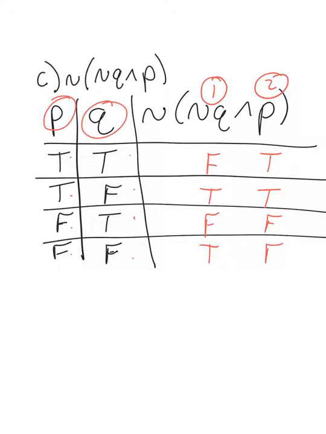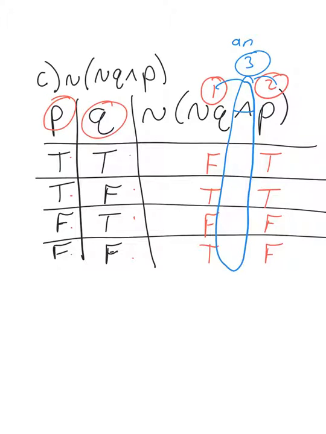Now that we have stuff on either side of it, I can apply the arrow. So what is on either side of it? It's the up arrow. Make it into an A if that helps, because it stands for and, the conjunction and. And if you think back to what the and arrow does, remember and is only true if you have two T's. Line 1, I have an F, so that's going to make it false.